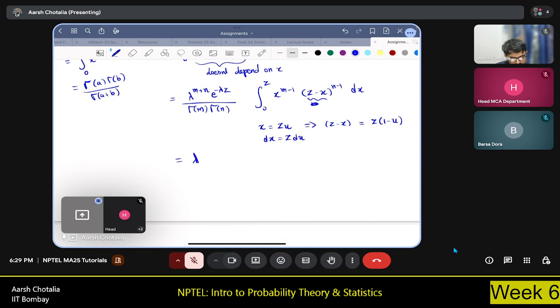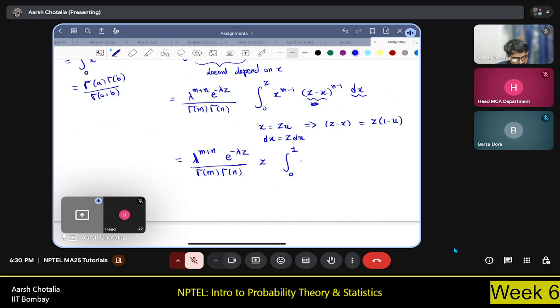So lambda raised to m plus n e raised to minus lambda z over gamma m gamma n, and then this z can be taken out from the dx, and the limits are now 0 to 1, because when x is equal to z, u becomes 1.